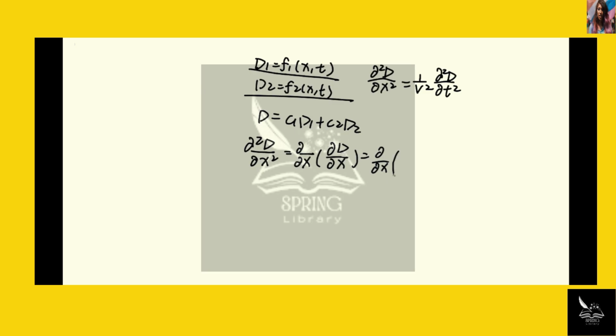Since the derivative is linear, the derivative of d with respect to x equals c1 times the derivative of d1 with respect to x plus c2 times the derivative of d2 with respect to x. And then when we take the second derivative, because c1 and c2 are constants, we can just take the derivative of these two. So that gives us c1 times the second derivative of d1, plus c2 times the second derivative of d2.